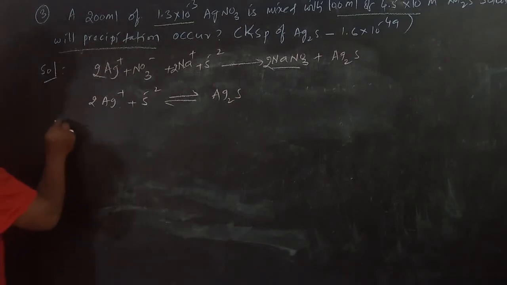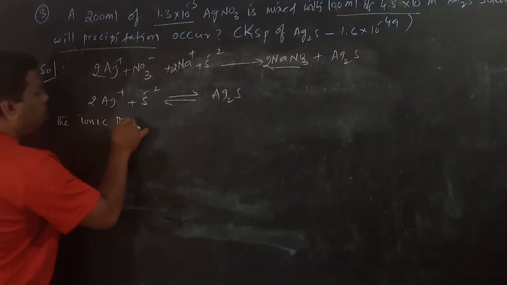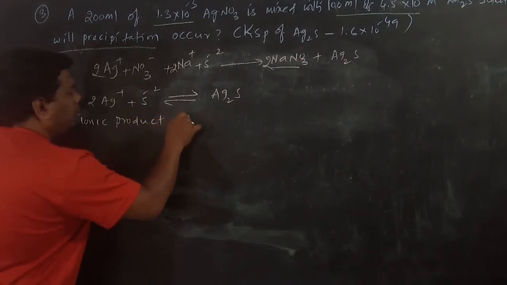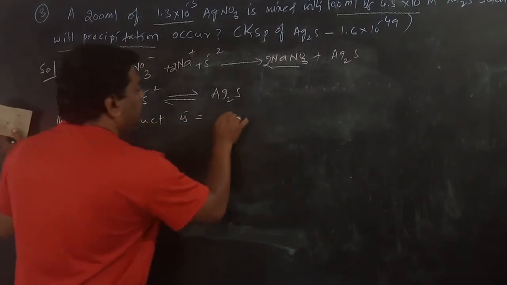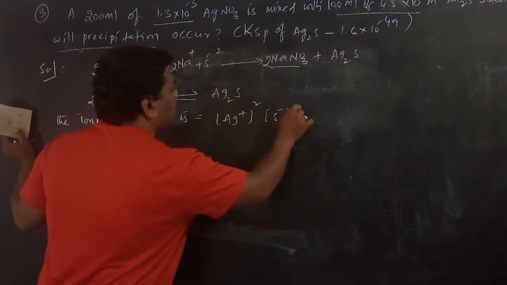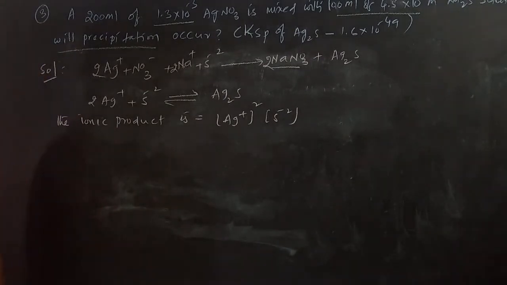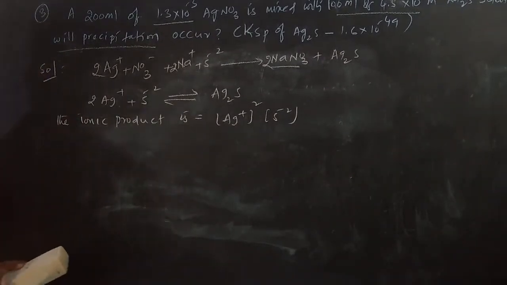The ionic product is equal to [Ag+]^2 into [S2-]. So here the ionic product is [Ag+] whole square into [S2-].